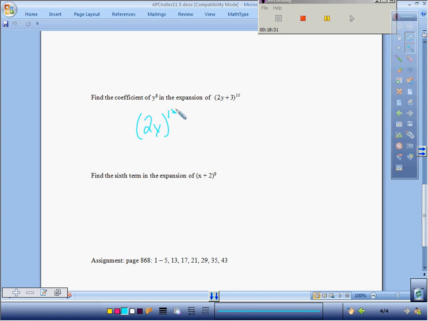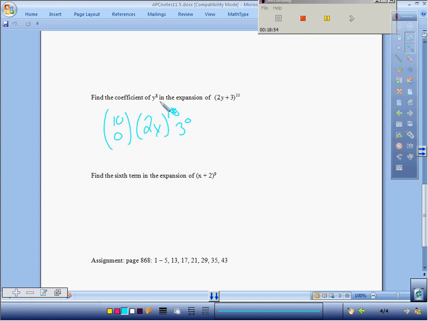And 3 raised to the 10. And then you would have a 10 combination 0 here, right? Which would just be 1, right? And then you'd have times 3 to the 0, which is also 1. So this would be the first term.